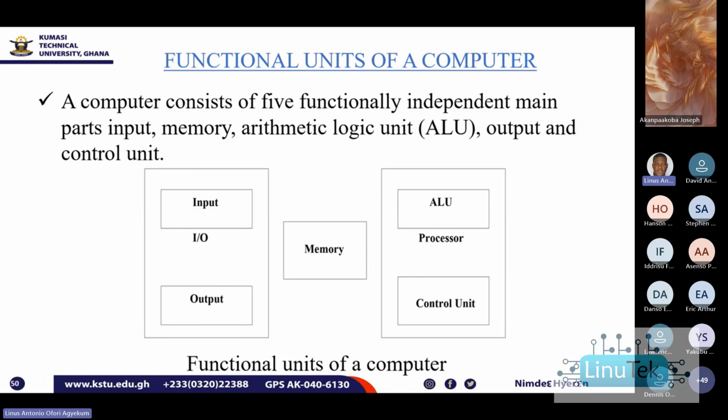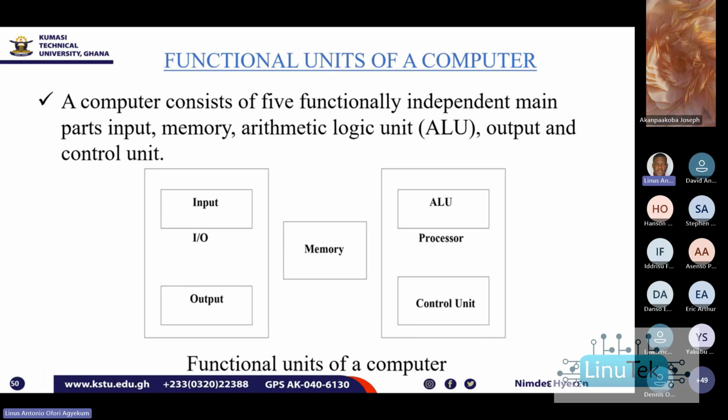So when we talk about a computer's functional units, all we are talking about is the independent parts that make up the computer, or the components, the various parts or the systems that make up the computer. These are basically 5 functionally independent parts of the computer.